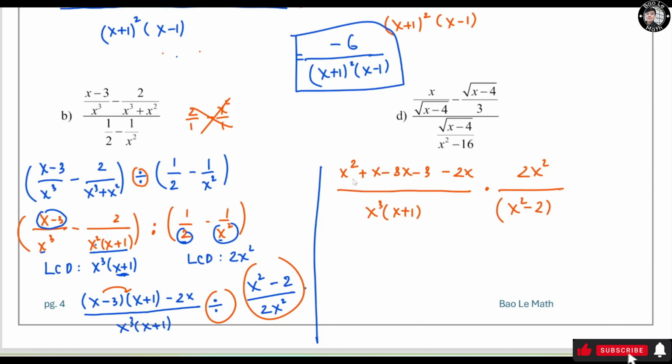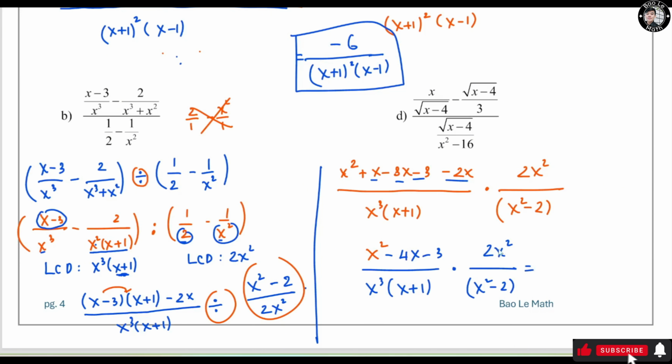Now we're going to simplify s², rewrite, right? s − 3s could be −2s, and −2s could be −4s, right? Minus 3 divided by s³ times (s + 1), right? Times 2s² divided by (s² − 2), right?